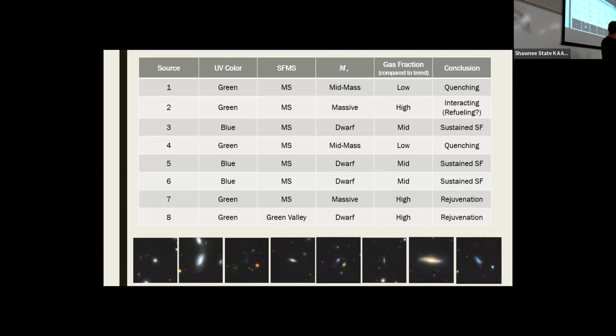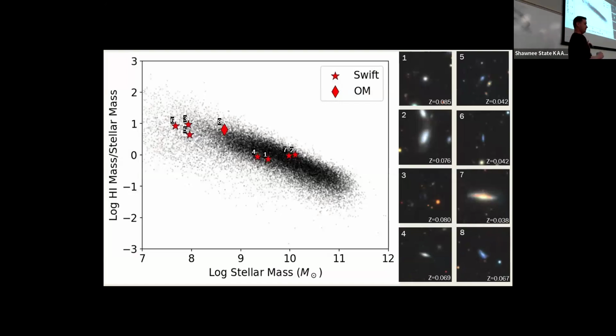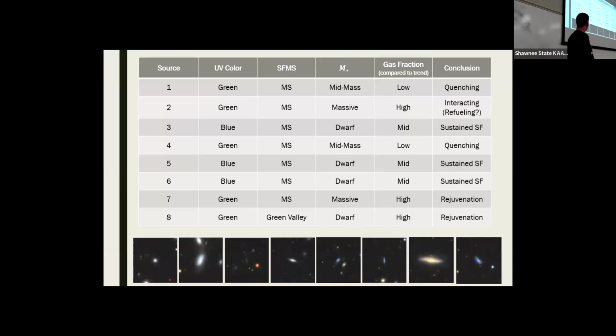You notice I've got a couple marked rejuvenation. These in particular are things that are sitting on top of that relationship there. So they still have a fair amount of mass. And when we look at this guy in particular, he's sitting in the Green Valley, but having a large amount of gas. So he still has a lot of potential to form stars. And while I did say the UV colors are all pretty similar, you also have to think this is by definition a UV selected sample.